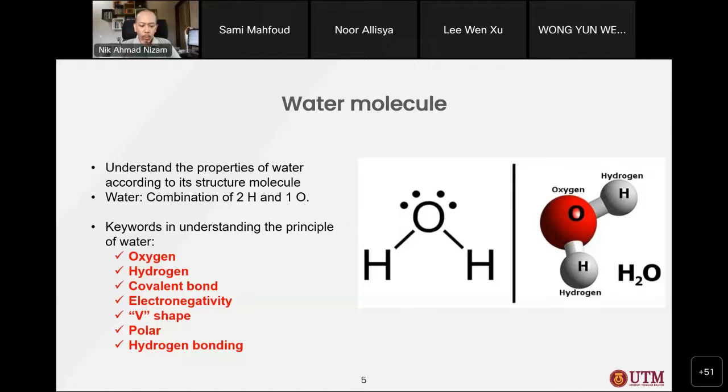When we combine them together, we come up with plants, water, some organic compounds, protein, amino acids, and so on. So it comes from the elements. Water molecules are a combination of two elements.